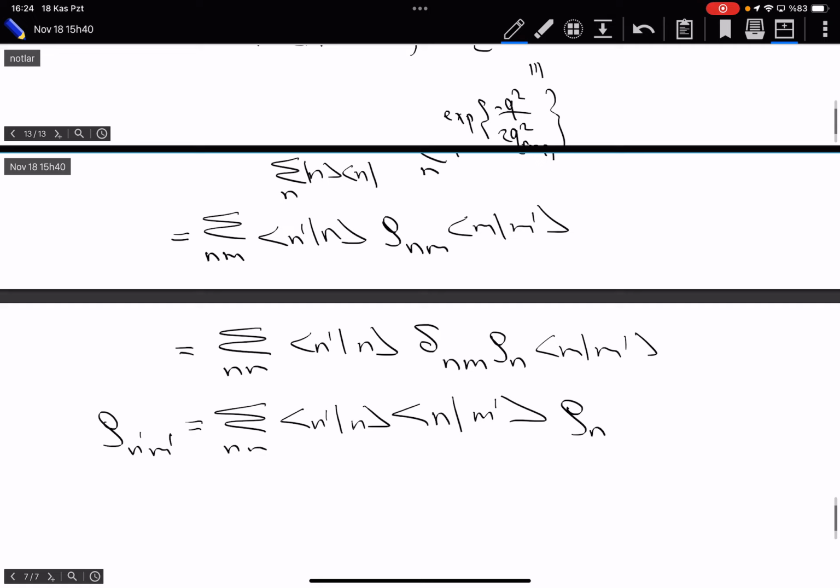Do you see a problem? It's no longer diagonal, unless we make additional assumptions.